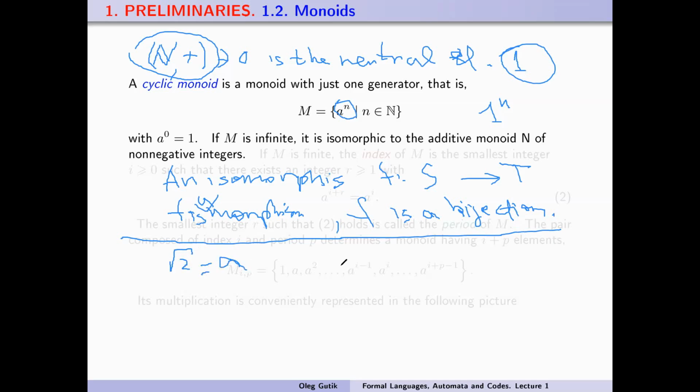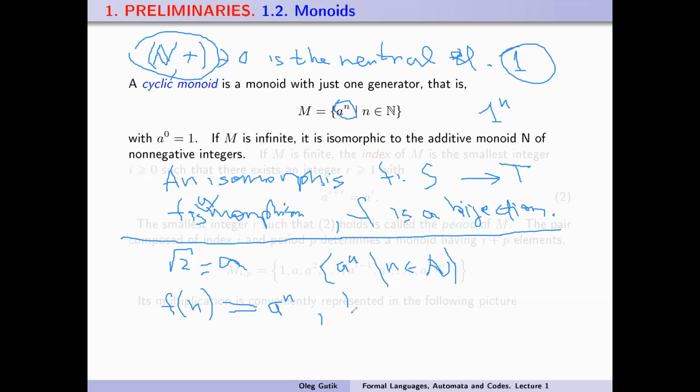And if we consider the set A to the power n, where n is from the set of all non-negative integers, then there exists a very simple map, n to A to the power n.